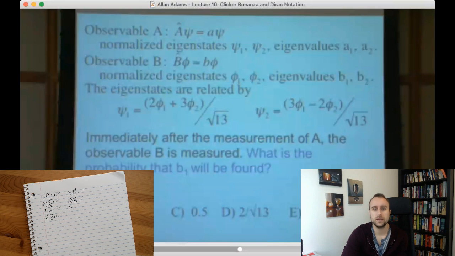So we know that it is in the state psi 1, and then we measure B1.